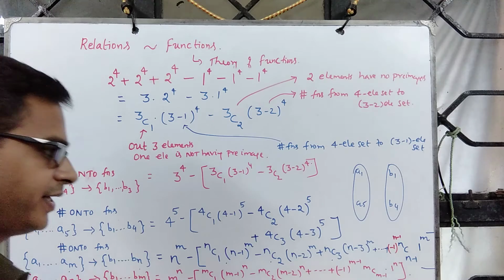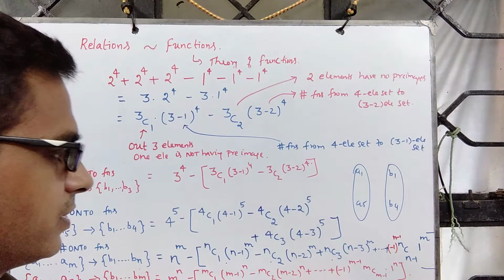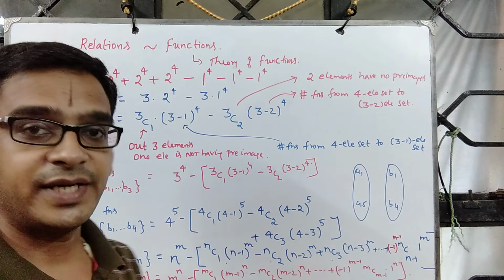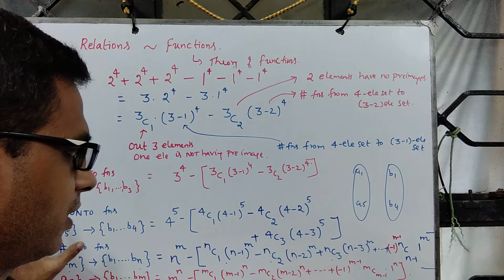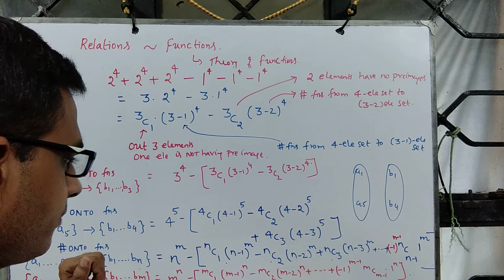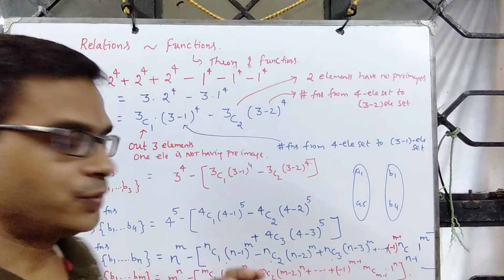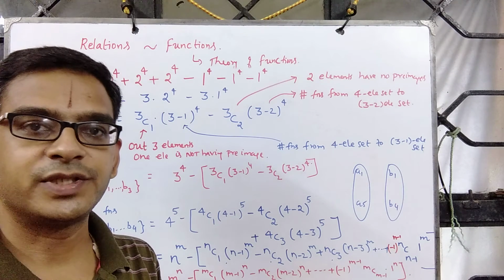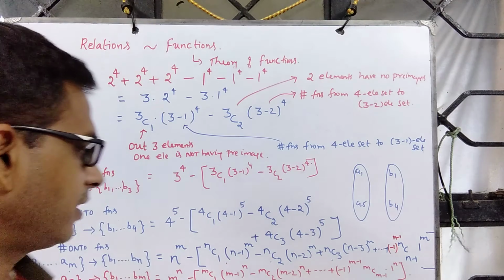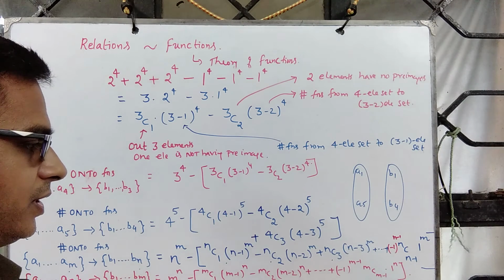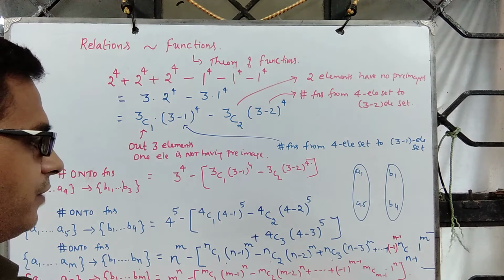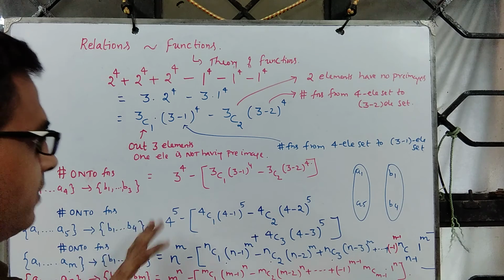So this technique helps us get a precise estimate of the number of onto functions. The idea is to count non-onto functions and subtract that from the total number of functions, which is precisely what we have done through this.